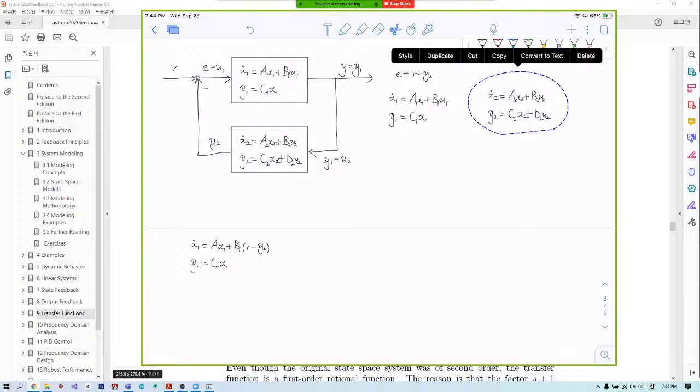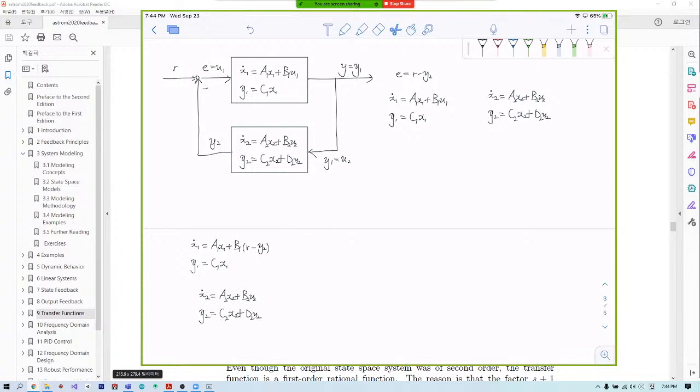Okay, and at the same time, we have this expression in which we have u2. We already know that u2 is y1, and y1 is c1 times x1. Instead of u2, we're gonna put c1 x1. Instead of u2, we're gonna put c1 x1 again. And I'm gonna replace y1 by y because that's what we want in the end.